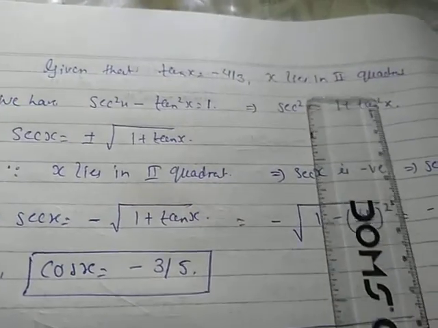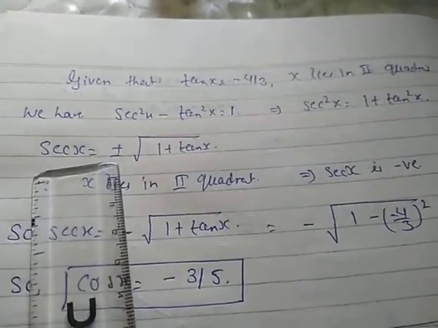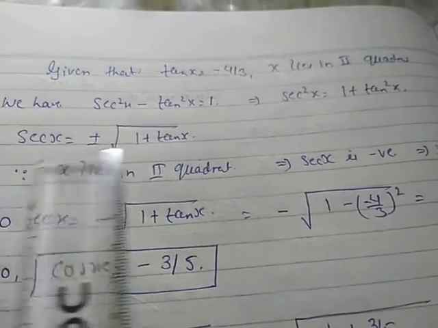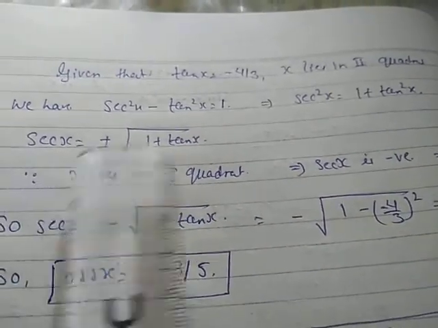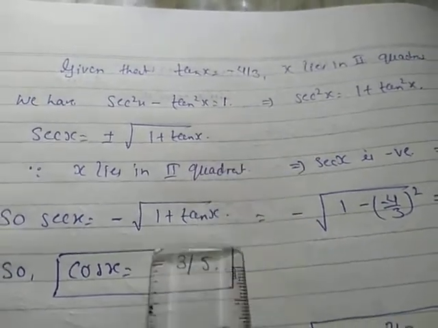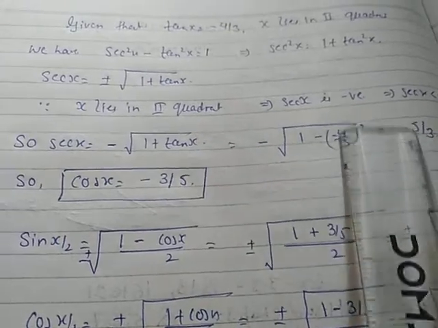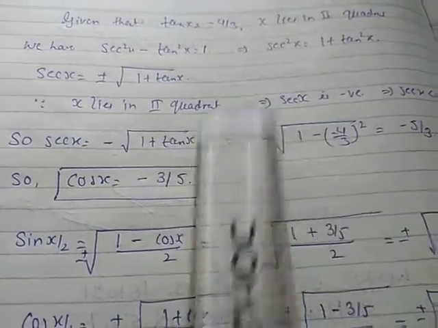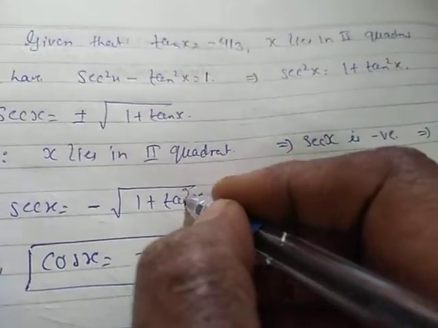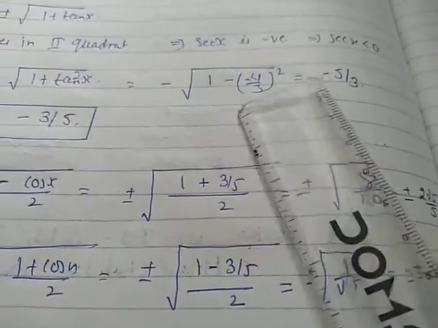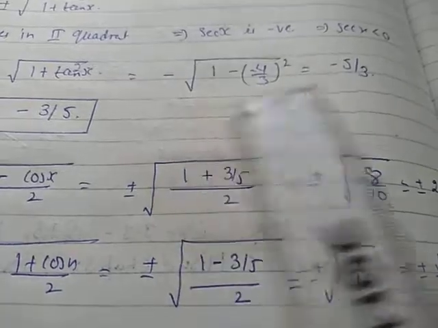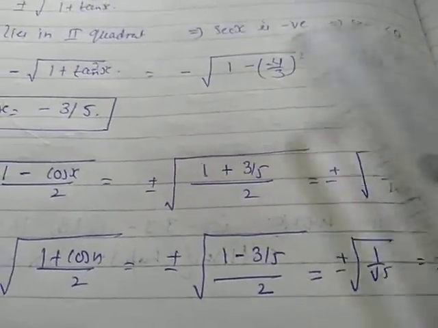Since x lies in second quadrant, definitely sec is minus. Therefore we need to take sec x is equal to minus under root of 1 plus tan square x. Put the value of tan x here, it is minus 4 by 3. So minus under root of 1 plus (minus 4 by 3) whole square, it will give you minus 5 by 3. So cos x is equal to minus 3 by 5.